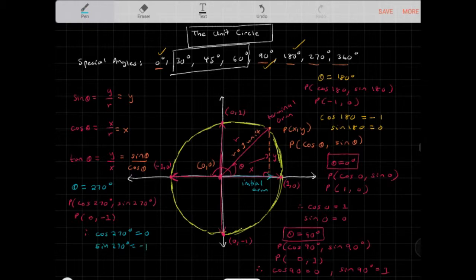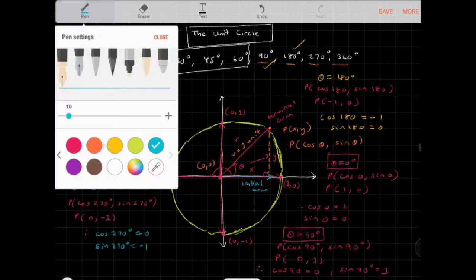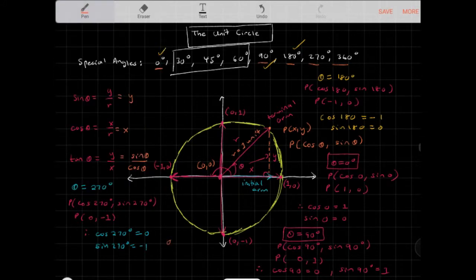Okay? And for the last case, when theta is equal to 360, you can notice that if we do the rotation from the initial arm, we just get back to 0 degrees. So it's the exact same values as 0 degrees. If theta was equal to 360, then the point cosine 360, sine 360 is equivalent to 1 and 0.